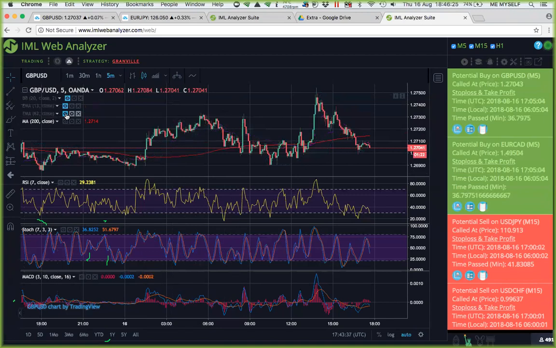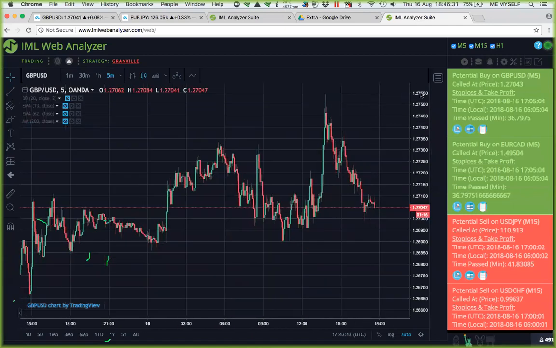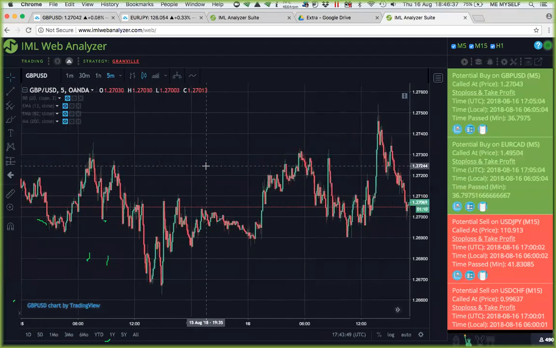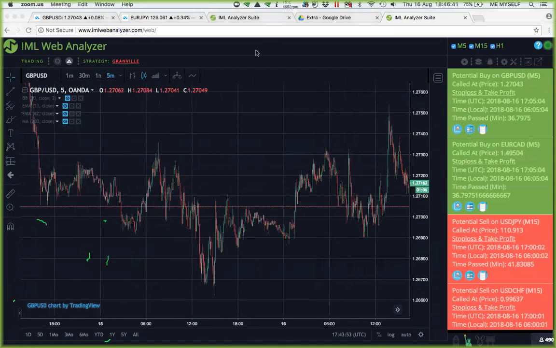So I'm going to take all these indicators off and just look at the pure chart. I'm just going to erase this for a minute.